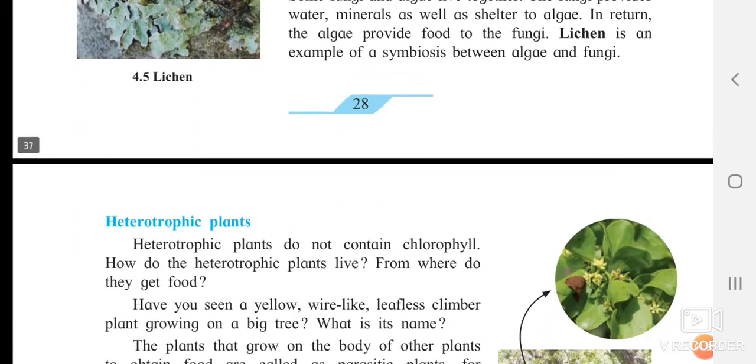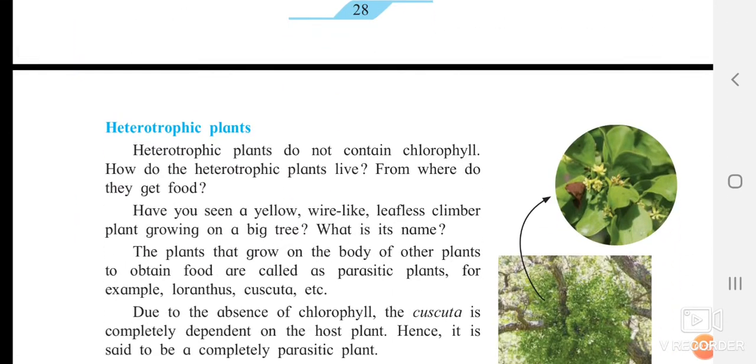Okay, the next part is heterotrophic plants. These plants are also said to be parasitic. Heterotrophic means the one which is dependent on others. In the same way, what is meant by parasitic? They don't consist of chlorophyll. Parasitic means the plants which are dependent on other plants for food or nutrition.